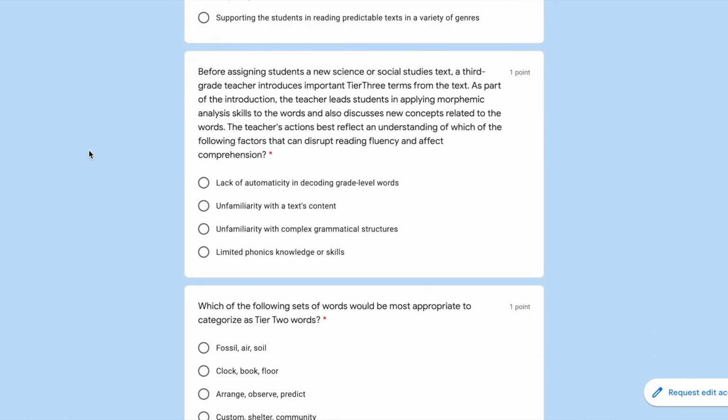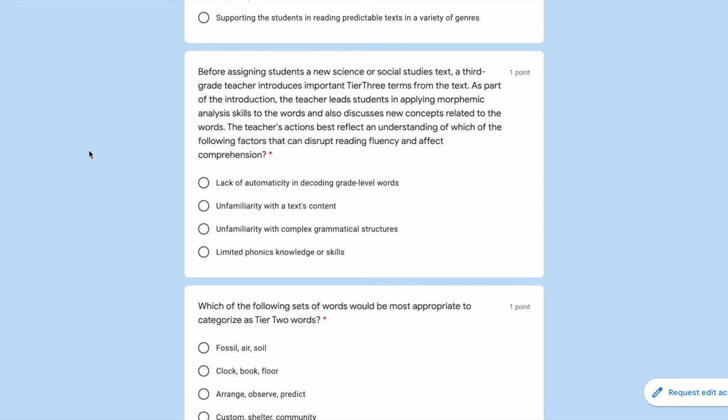Before assigning students a new science or social studies text, a third grade teacher introduces important Tier 3 terms from the text. As part of the introduction, the teacher leads the students in applying morphemic analysis skills to the words and also discusses new concepts related to the words. The teacher's actions best reflect an understanding of which of the following factors that can disrupt reading fluency and affect comprehension?